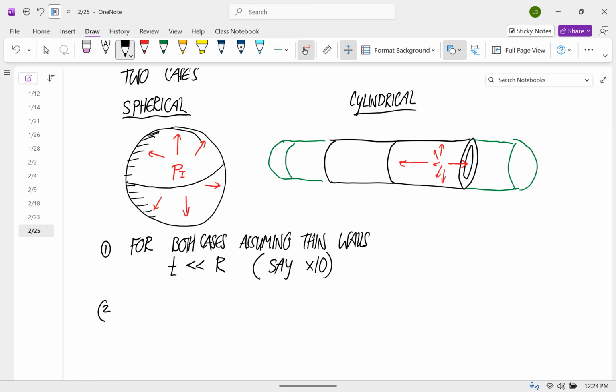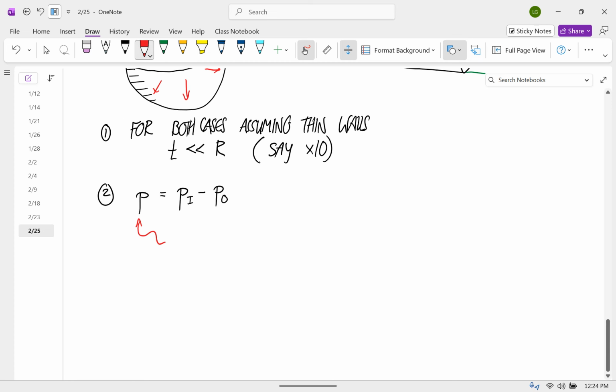And second, I mentioned this, the pressure that we're talking about is going to be equal to the inner pressure minus the outer pressure. And this is always going to be positive. Well, the P is always going to be positive. So we're always going to have a higher inner pressure than outer pressure. And it's not the absolute pressure on the inside of the pressure vessel that matters. It's the pressure difference between the inside and the outside. Okay.